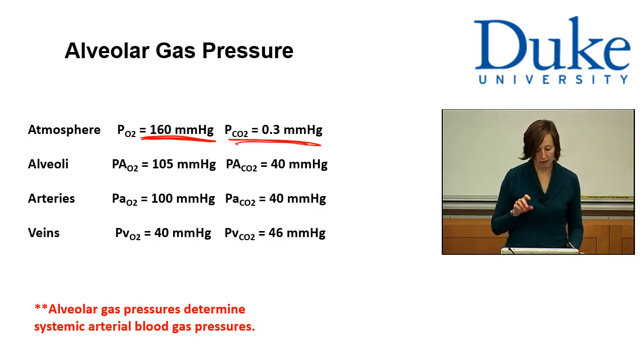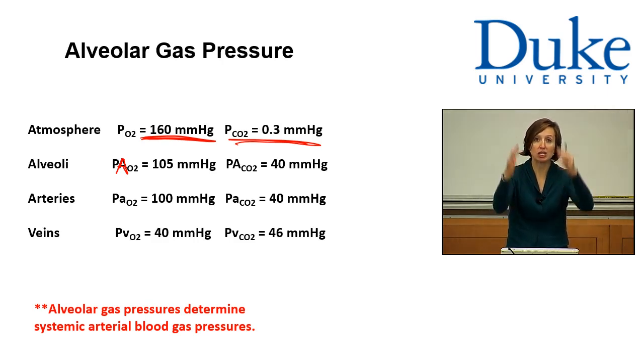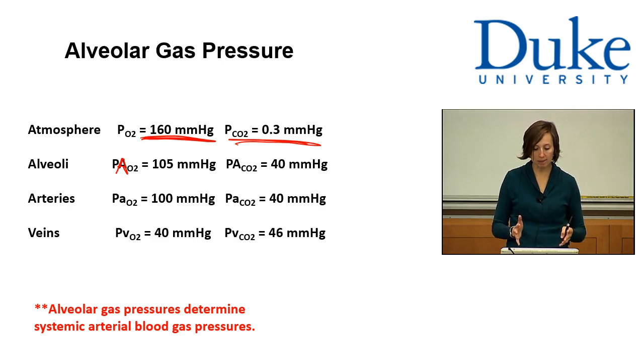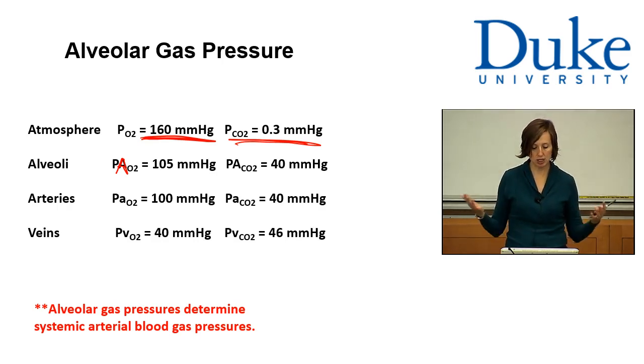Once we get to the alveoli, so we've got this P big A, the pressure of oxygen is going to be much lower, and that's going to be because, remember we said that fresh air is going to be diluted. We're not going to completely replace the air in the lungs, so it's going to get diluted by old air, and the old air is having the oxygen taken out of it continually by the blood.